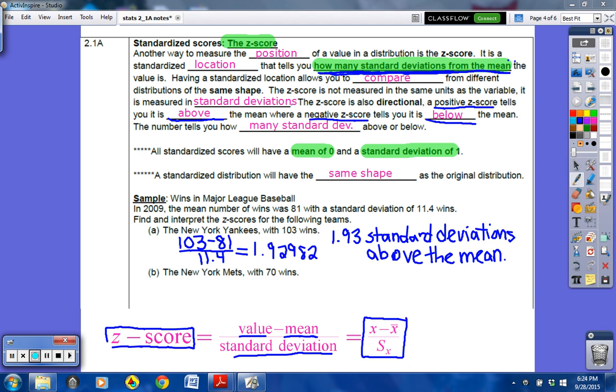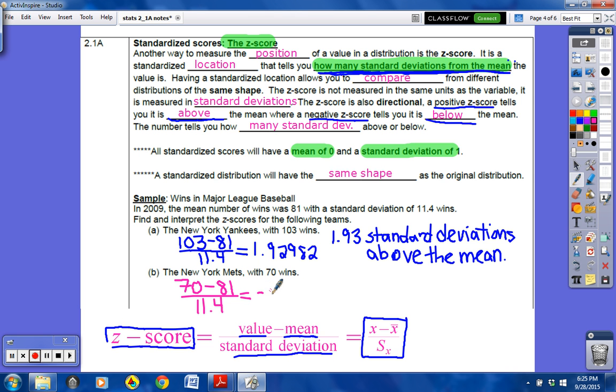Okay, so now we're going to look at the New York Mets. And they had 70 wins. So I'm going to take that 70, I'm going to subtract the mean of 81, and I'm going to divide by the standard deviation of 11.4. So 70 minus 81, and I hit enter, then I divide by 11.4, and I do get a negative number.